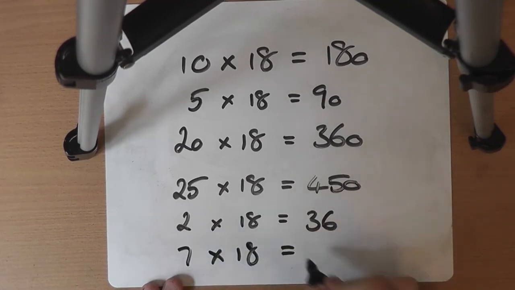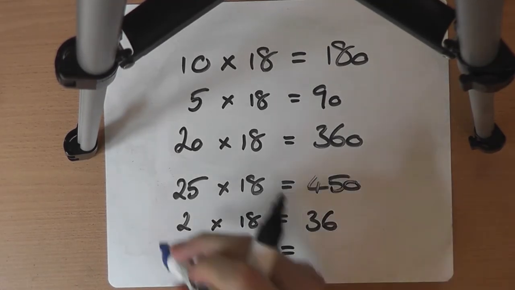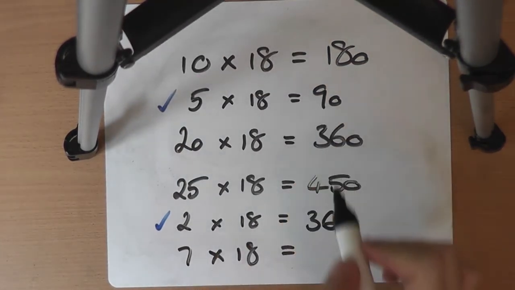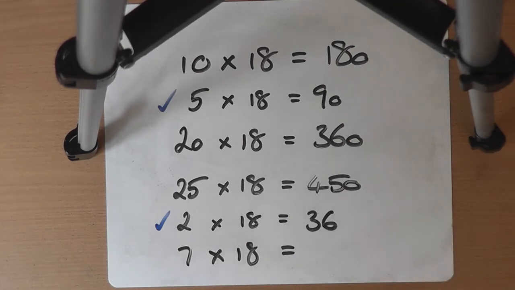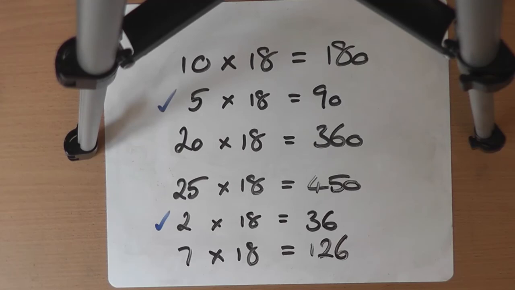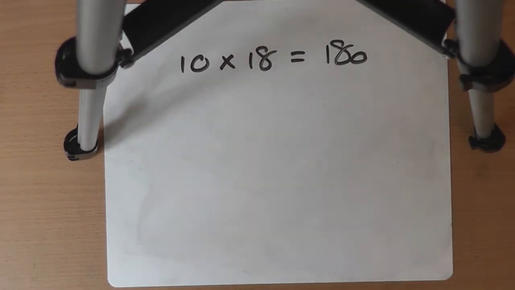Well, 7 times 18, we could use the 2 times 18 and the 5 times 18. Put those together to get 7 lots. 90 and 36, well, that would be 126. We could even start to put these together in slightly different ways.